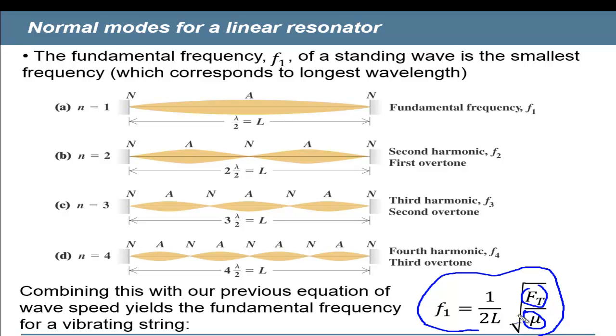And this is just how we defined wave speed before. This whole thing right here is the wave speed v. So that's how we can get the fundamental frequency based off the length, the tension, and mass per unit length. It's the fundamental frequency of a standing wave.